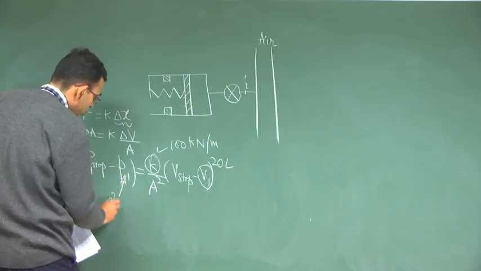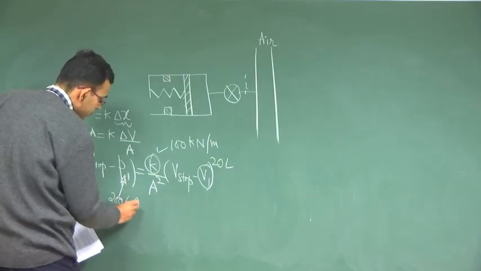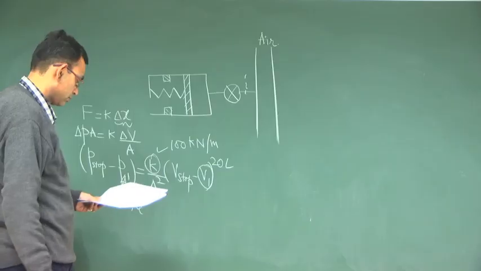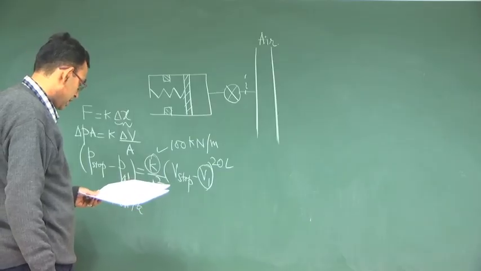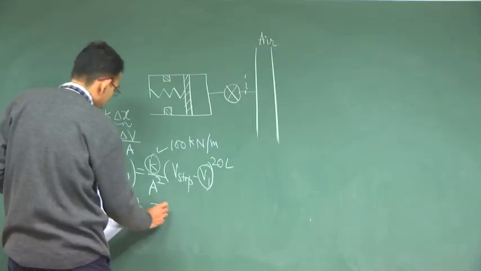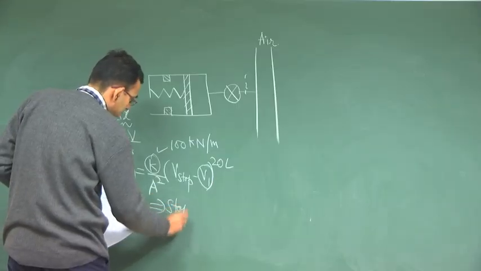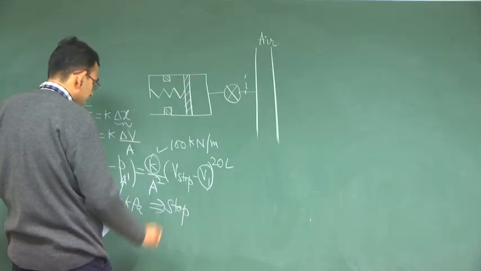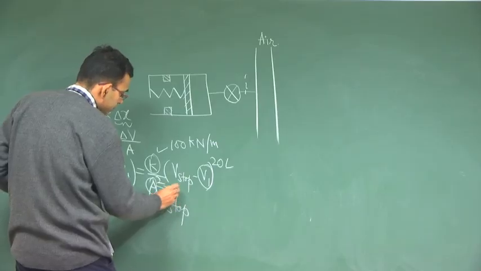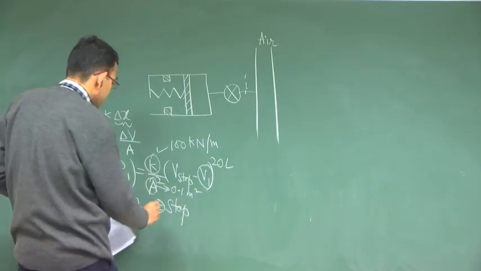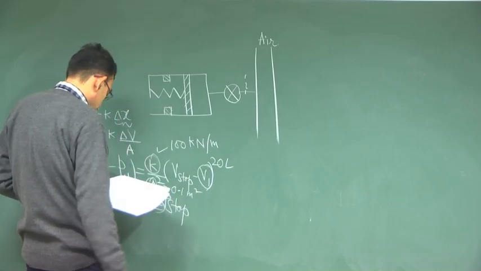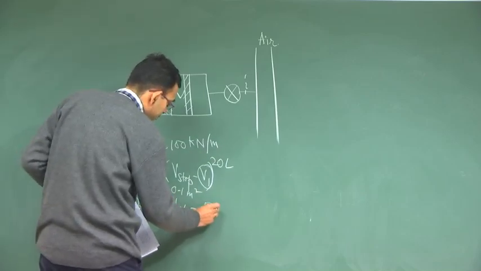So, P 1 is 200 kilopascal, so from here you get what is P stop, area of cross section is 0.1 meter square. P stop is 500 kilopascal.